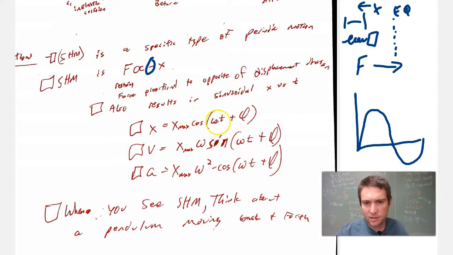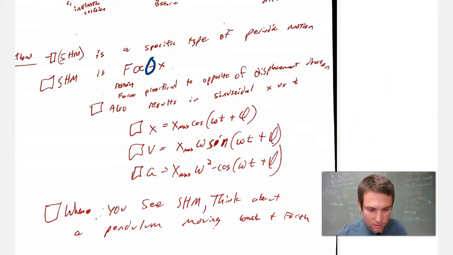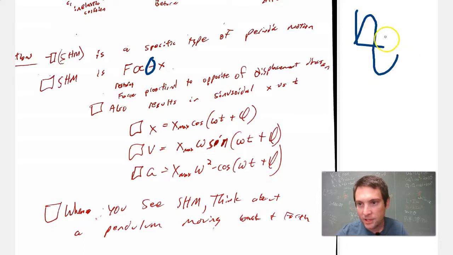x equals maximum cosine of omega t plus phi, the phase shift. The phase shift is just how much it is shifted over. Remember that if you are dealing with a graph that starts from 0 and goes positive, this is sine.